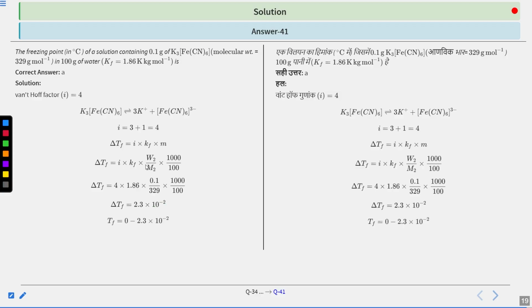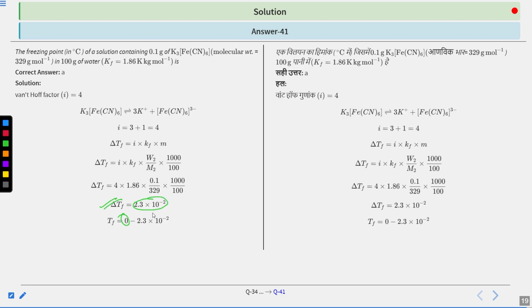Now what do we have to calculate? We have to calculate the actual freezing point of the solution, and this is the change in freezing point. So don't leave your answer till here. You know that the freezing point of water is 0 degree Celsius. We put this here, and we also know that the change is this much.